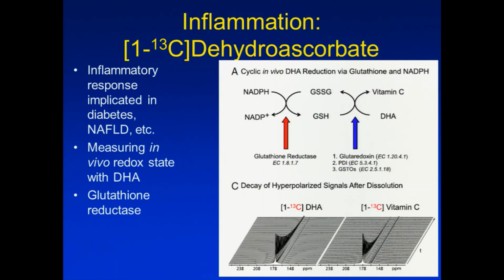It's either DHA or vitamin C. It's two peaks in the spectrum, but the point is the chemistry that it gets at, because it's looking at NADPH and NADP and glutathione and how the body handles excess reducing equivalents or excess free radicals in the body, and therefore this is a compound that I think has a really bright future just on looking at the relative peak heights of two different compounds.